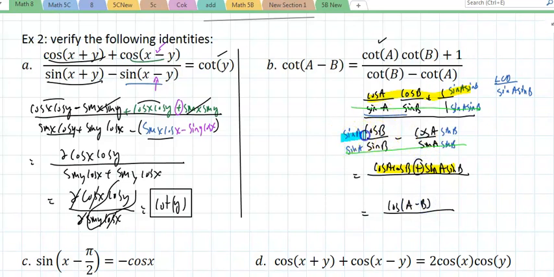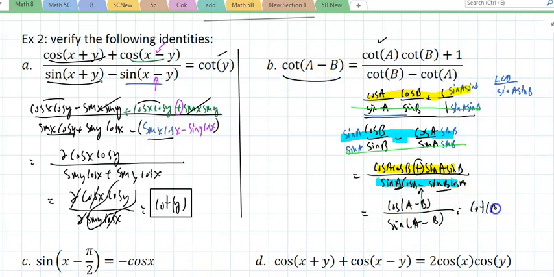As for the denominator, I'm going to have the sine of A cosine of B minus sine of B cosine of A. And if you recall, that's the sine of the first angle minus the sine of the second angle. And cosine over sine of an angle is the cotan of A minus B. And that pretty much proves that identity.